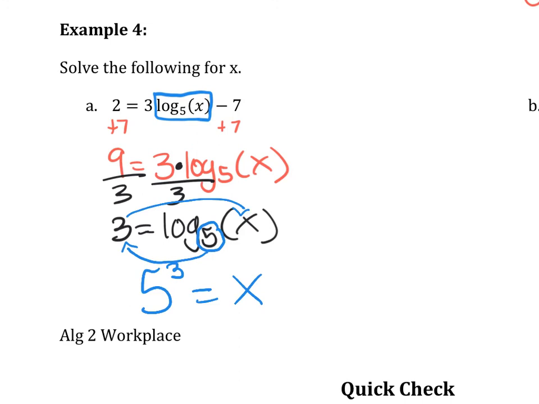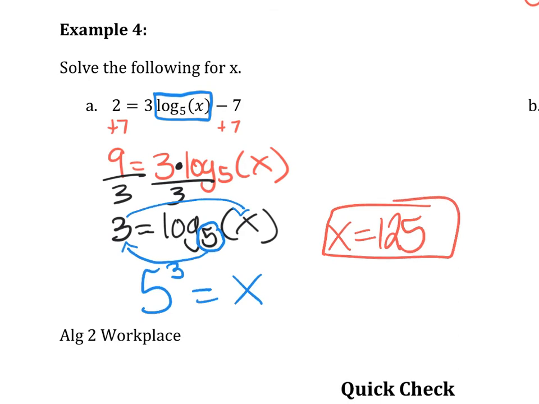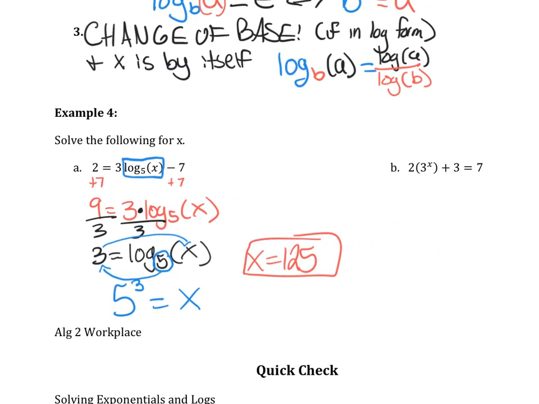But the converting still works the same way. And then you can use your calculator, 5 caret 3, and what do you get? 125. Any questions there?